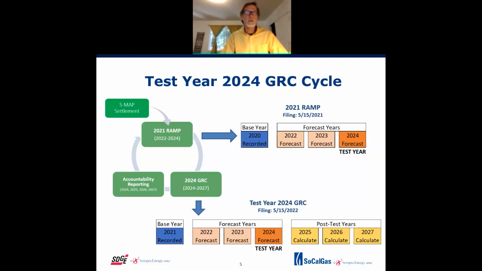Otherwise, we're double counting risk reduction, which we don't want. PG&E says they're going to do it this way in their GRC. So I'm surprised that we're even having trouble understanding the issue. This issue's been kicked around for a while.